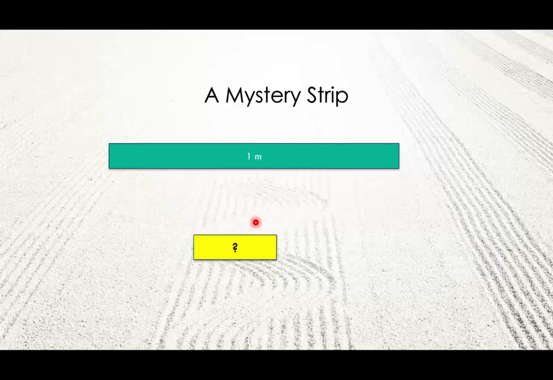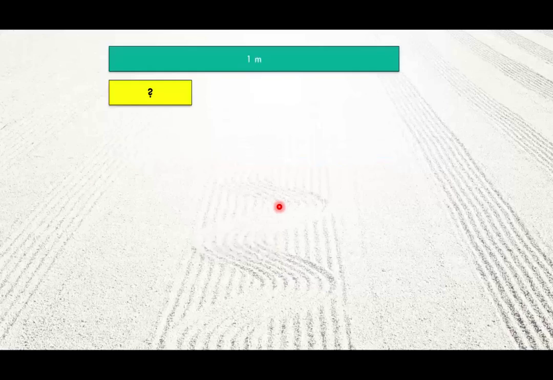In this case, you can give the tape strips to the students, and they figure out this mystery strip using 1 meter as a reference, without using a ruler. That's the concept of how to equally partition. First you need to align the ends, because we want to compare these lengths.